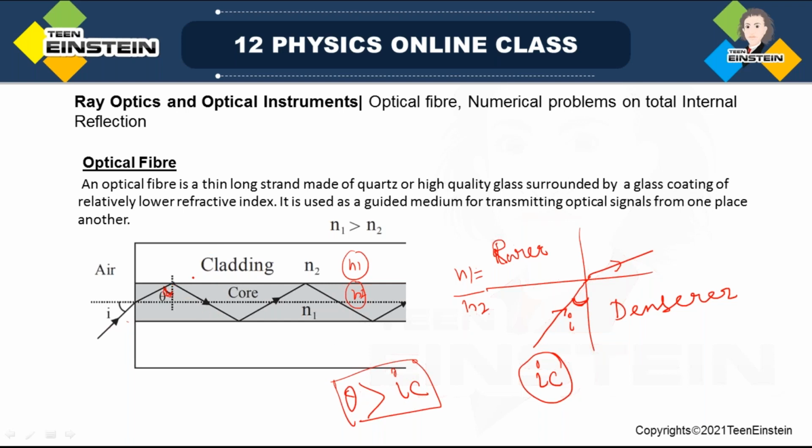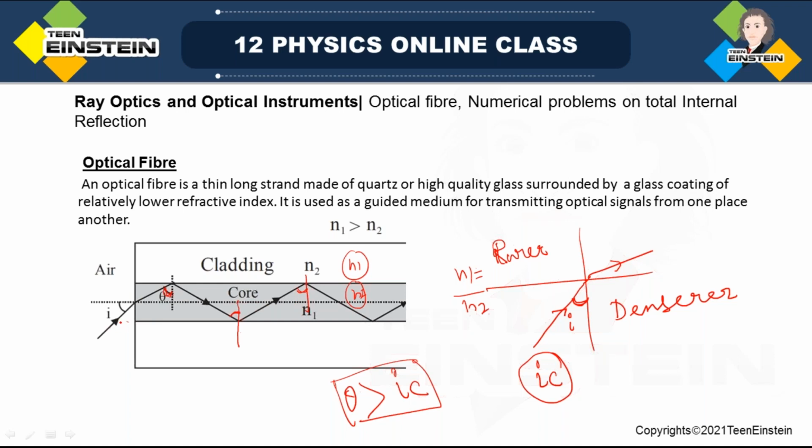It will not transmit through it, and it will not go to the cladding portion. Similarly here again, this angle of incidence will be greater than IC, so it will be reflected back to here. Here also the same thing will happen always.